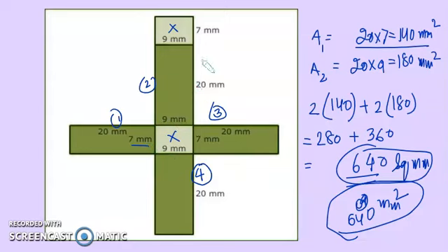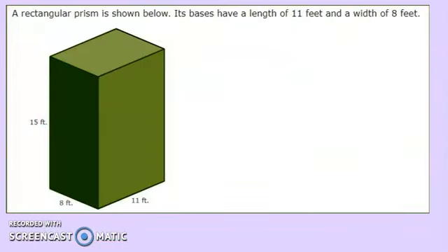You might have noticed I did not count the top and bottom while calculating lateral surface area. But when we are required to find the total surface area, we will have to take these faces into account. Let us take a look at another question. This is our second question, which says a rectangular prism is shown below.